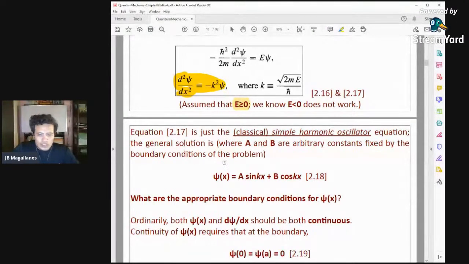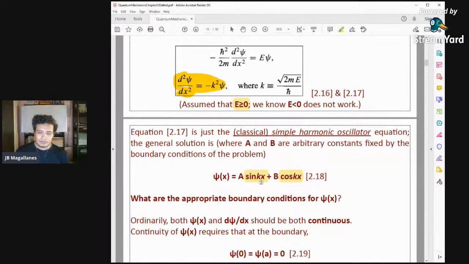The simple functions that give you the same function would be sine and cosine. If you take the derivative of sine twice, it gives you a negative sine. And if you take the derivative of cosine twice, it will give you a negative cosine also.